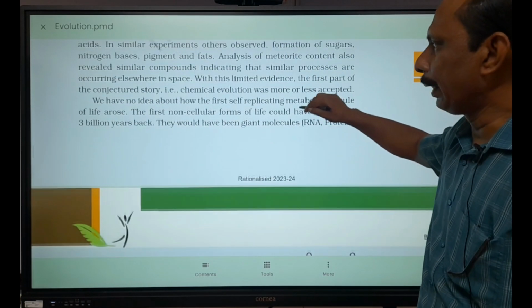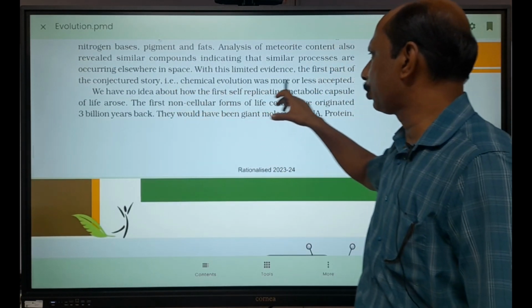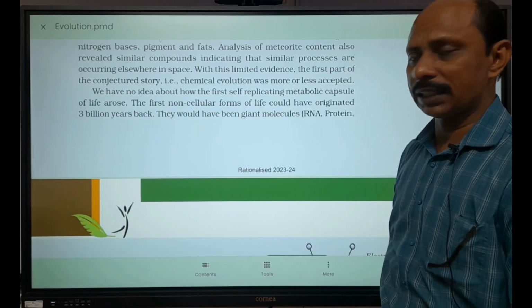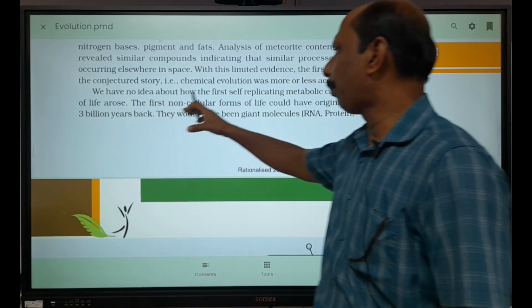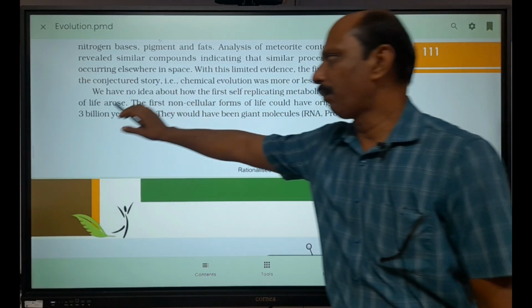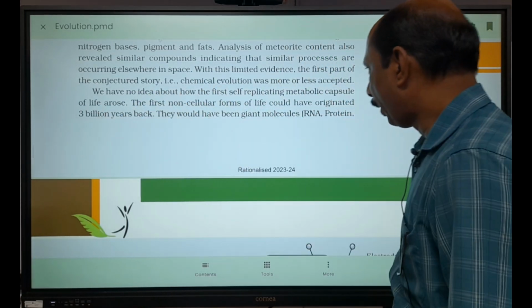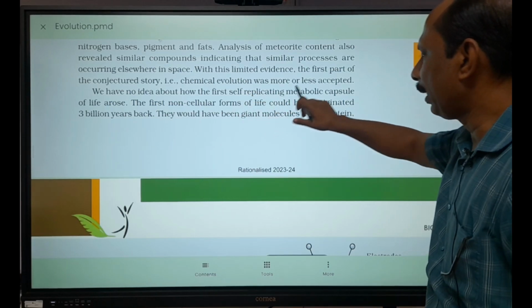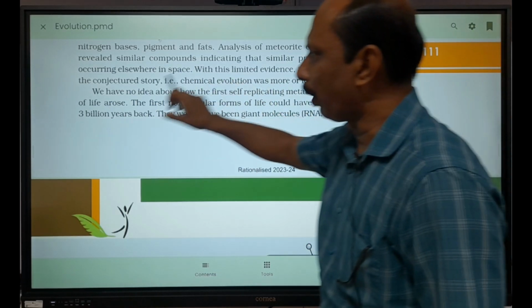You understand, chemical evolution was more or less accepted. Now we have no idea about how the first self-replicating metabolic capsule of life arose. What is given here? First self-replicating metabolic capsule of life arose.